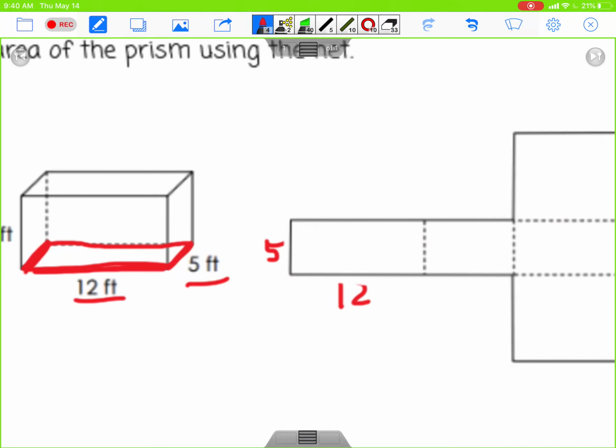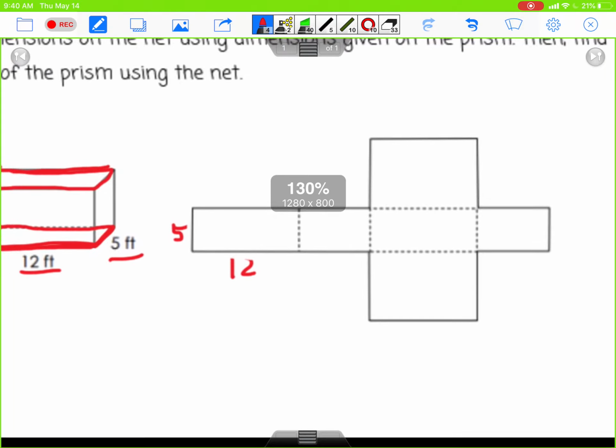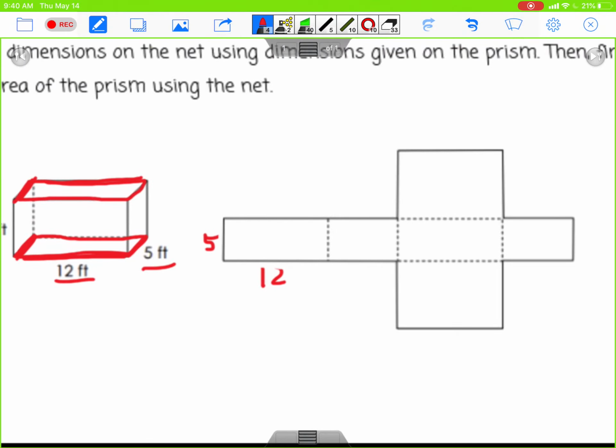Now for rectangular prisms, there's always going to be two of the same kinds of rectangles. Straight above that side is this top base here, and they're both going to have the same numbers. So I look in my net for another rectangle that looks exactly the same as that first one, which is right here.